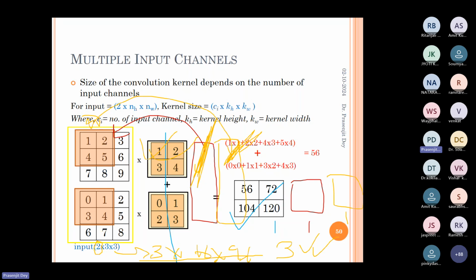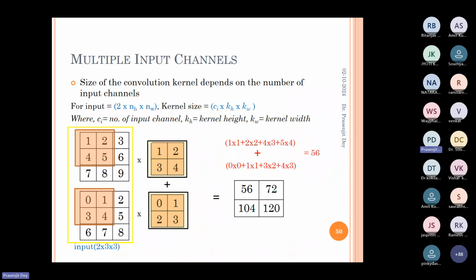And for that purpose, we need to apply multiple kernels. In a mathematical sense, multiple kernels means that here we are using a 3-dimensional kernel. Now, I suggest going for a 4-dimensional kernel. So this kernel I need to apply n number of times to get n output channels.